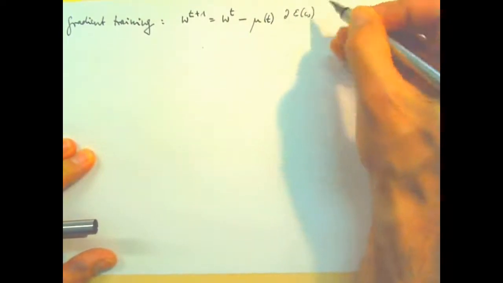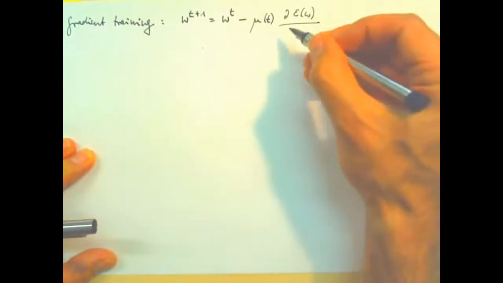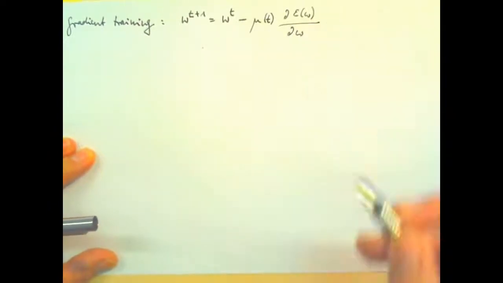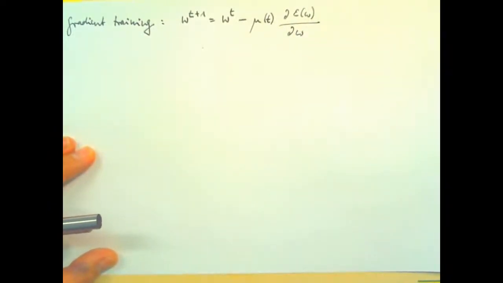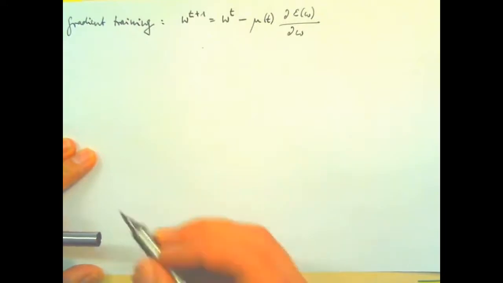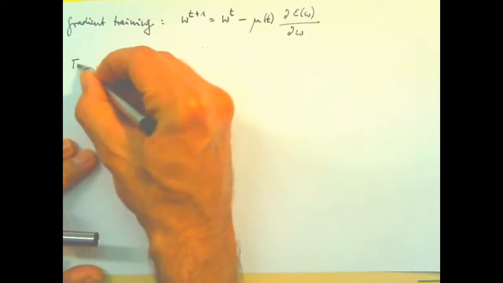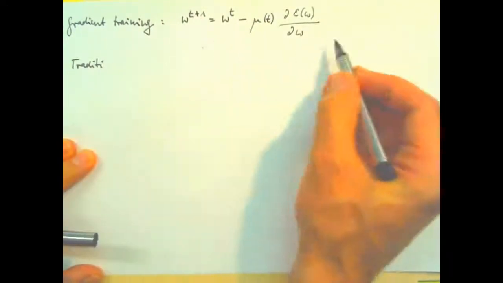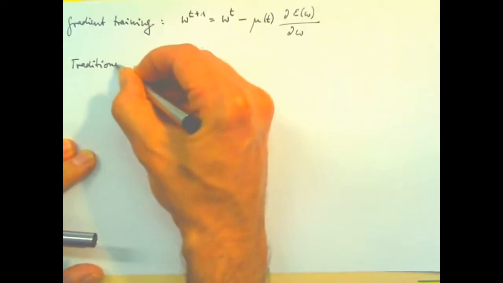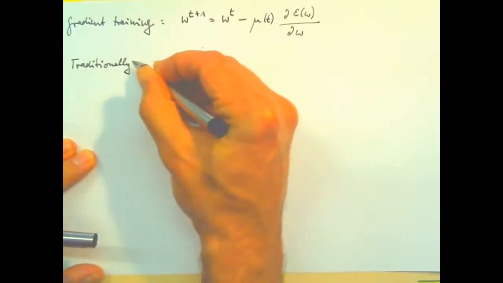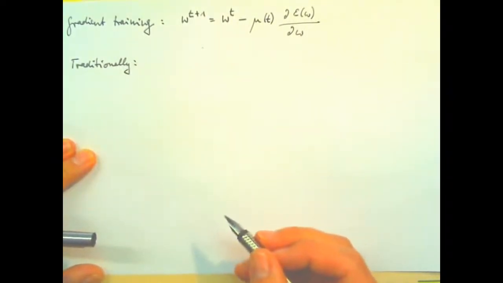And then the derivative of this error function with respect to its parameters. Now this is a general formula that I've written down, and the one that is traditionally used for the perceptron is the following.